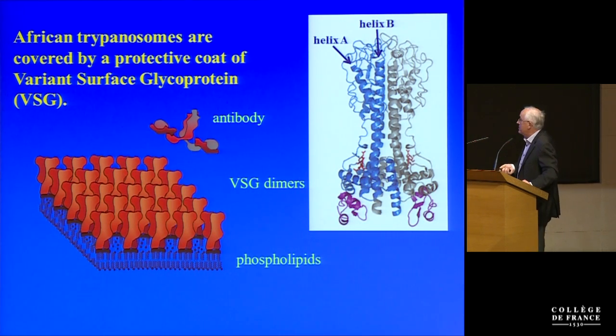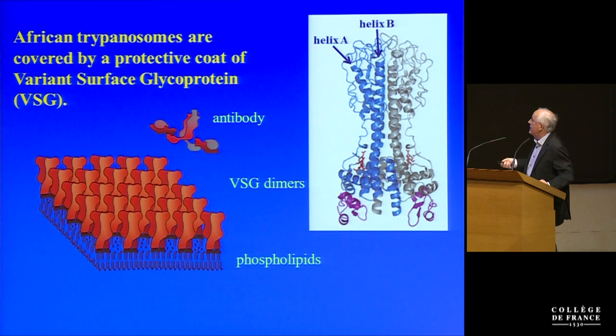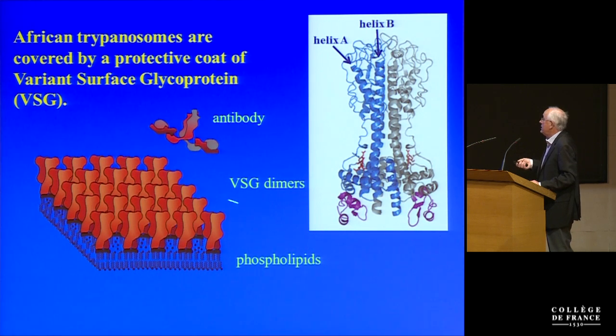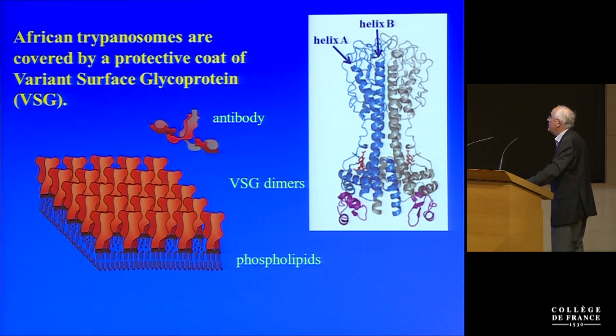This coat is so densely organized that only the loops at the very surface of this coat are accessible to antibodies. And there is a single type of VSG covering the full surface of the parasite at any given time.